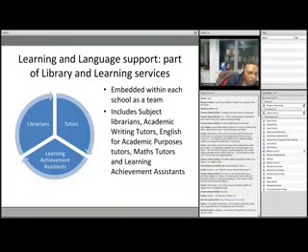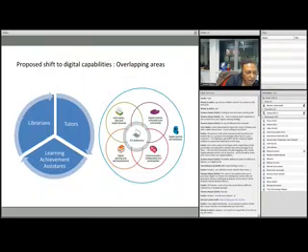We have our tutors who cover maths, academic purposes, academic writing, and then we have learning achievement assistants who are ex-graduates from UEL working with students to provide a holistic approach. Each of these groups adds their own flavour, if you like, to our digital literacy.